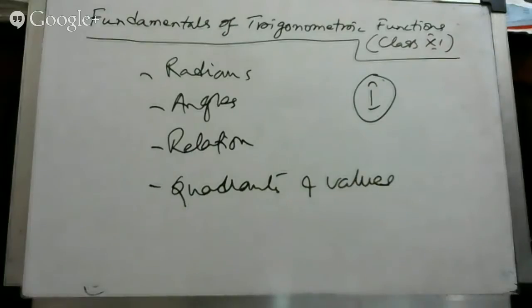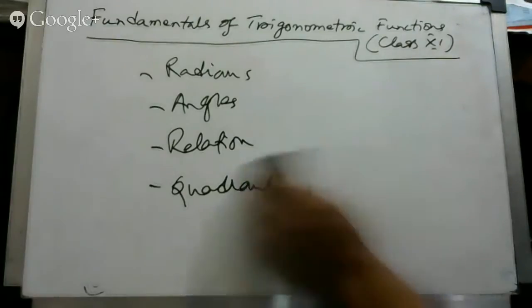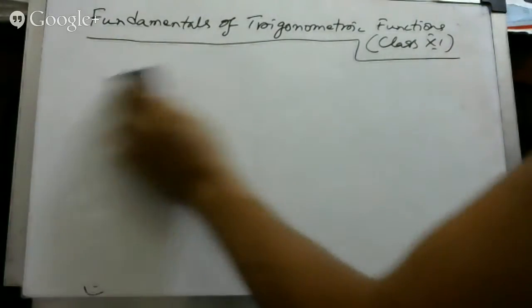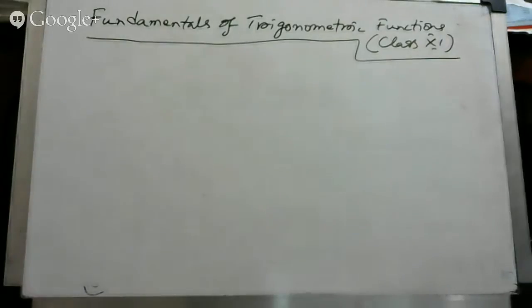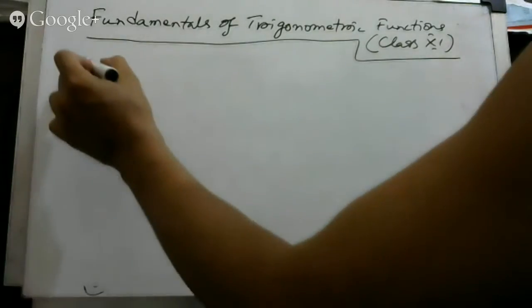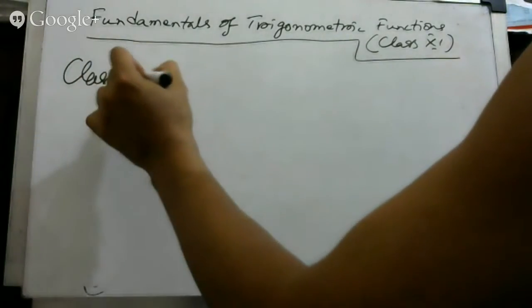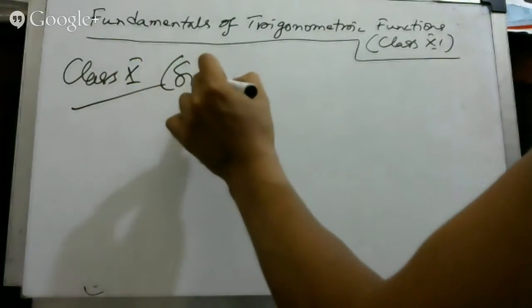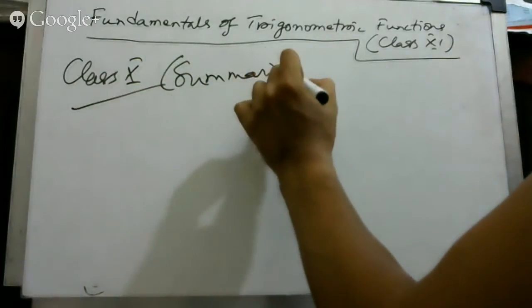Now, before we jump into this, let's quickly touch base on what we learned in class 10, because that will be referred to over here, and it will be easy if we just summarize what we learned.